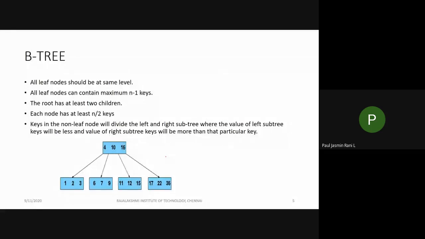Remember it like this: whenever the height of your tree is more, your searching process takes more time. So how can we avoid this? You have to see that your leaf nodes are at the same level, that is, you split your elements in an even manner. When you do it this way, the searching process can be done quickly. So this is one method.